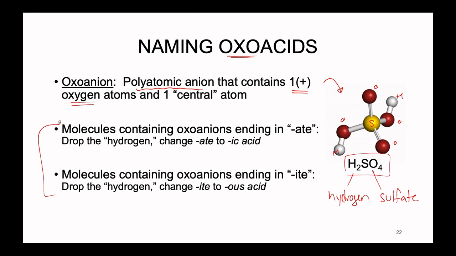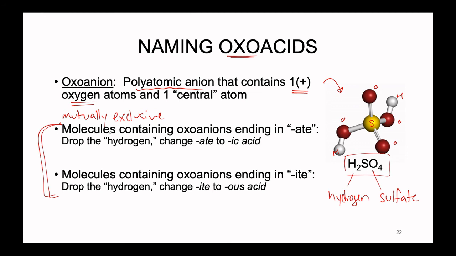And here is the moment where we turn to our special rules off to the side. These 2 rules are mutually exclusive. We're only going to follow one or the other.